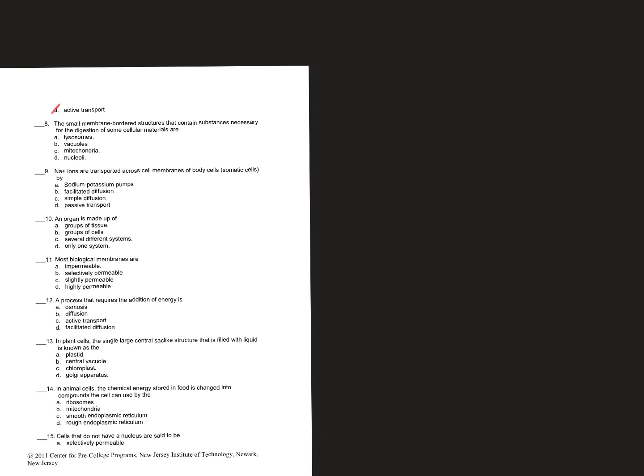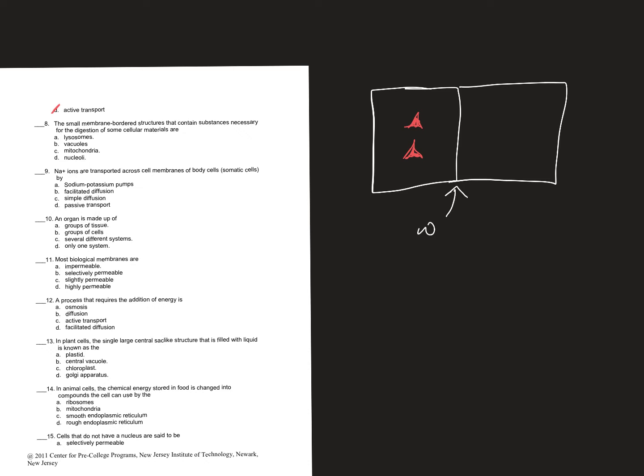All right. The small membrane bordered structures that contain substances necessary for digestion. You know what? Let me take a moment since I do have some time. Let's think about these membranes that I drew in class. I told you, what if you had these particles on this side, and this membrane was not permeable, did not allow the particles through.